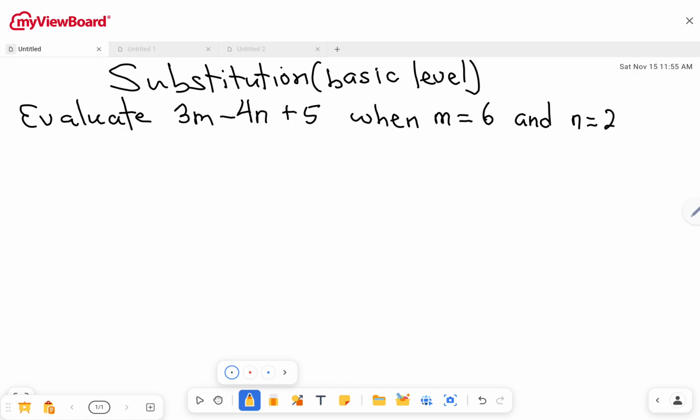So the first one that we have here is the basic level. And the question is, evaluate 3m minus 4n plus 5 when m is equal to 6 and n is equal to 2.